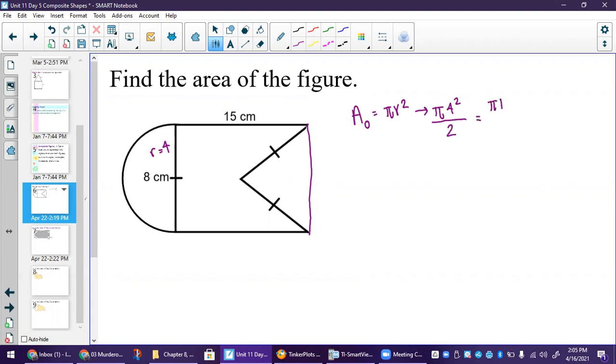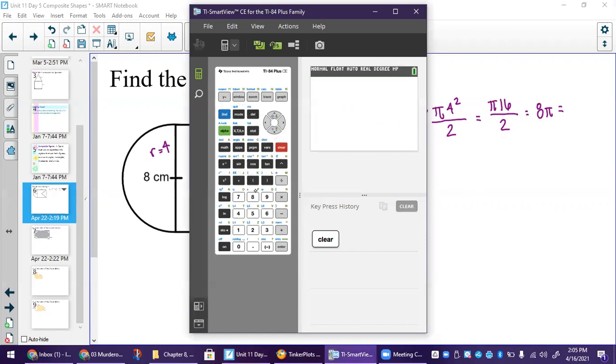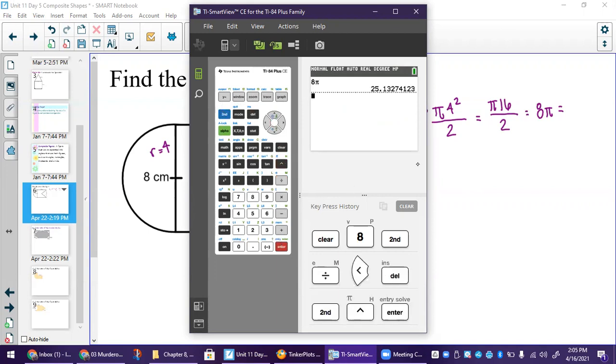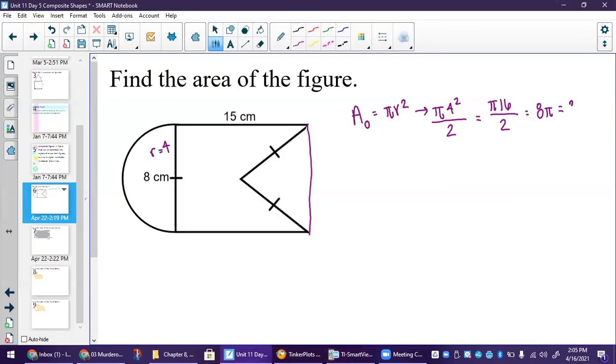So pi times 16 over 2. 16 divided by 2 is 8. 8 times pi. Oh, wrong button, sorry. There we go. 8 pi is 25.1. So that's this first region here, this semicircle.